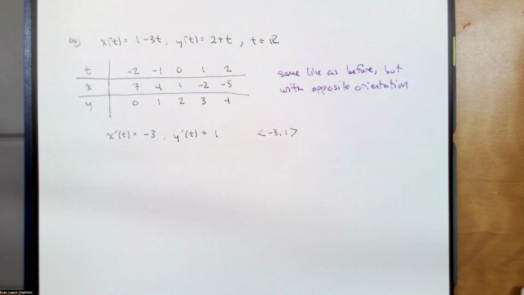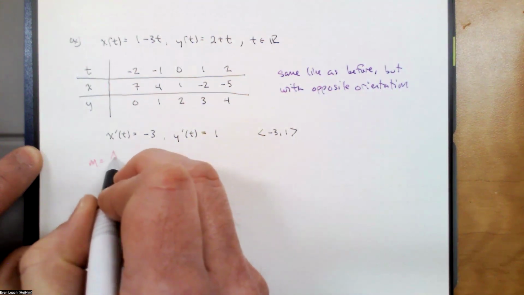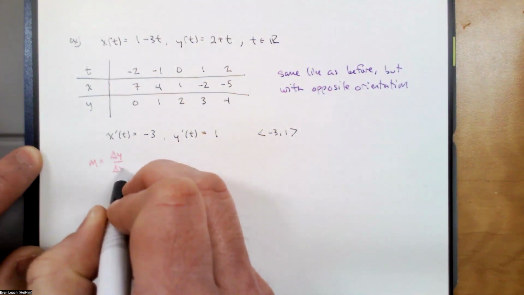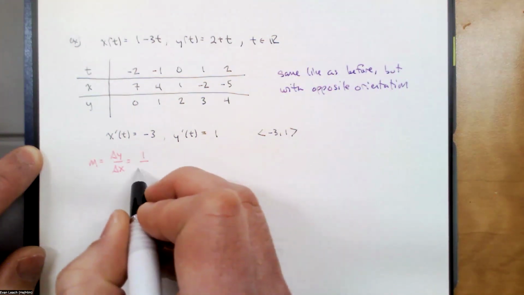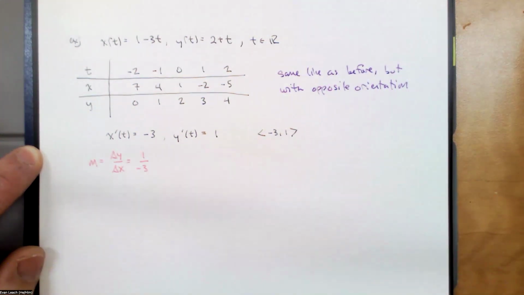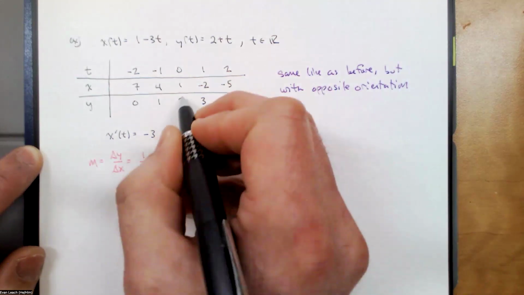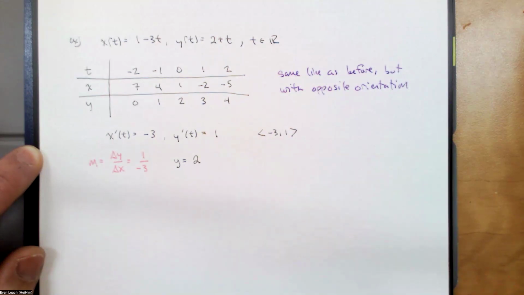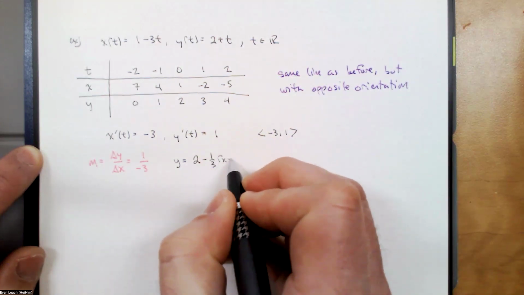If we look at the equation of this line, our delta y is 1 this time, but our delta x is now -3. So our slope is still -1/3. So our equation can still be y equals 2 minus 1/3 times x minus 1.